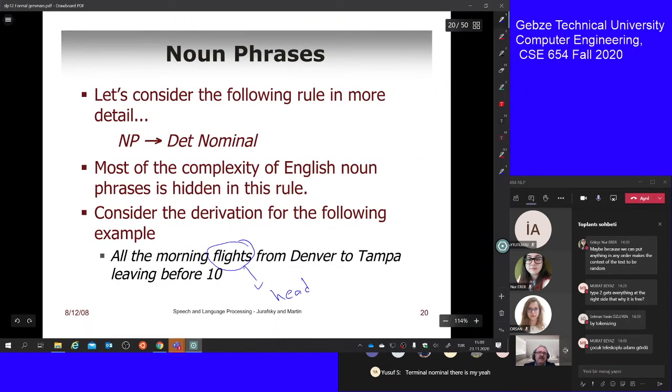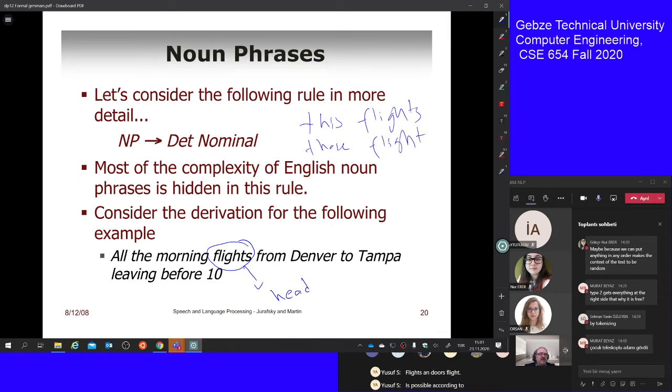This one doesn't say anything about these flights or those flight, okay? According to this rule, both this flights and those flights are possible according to this rule.